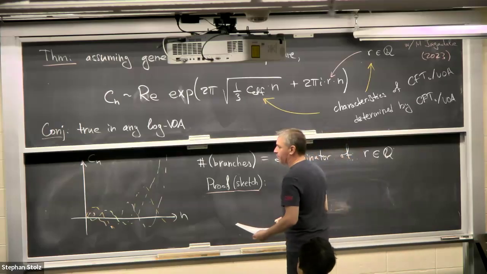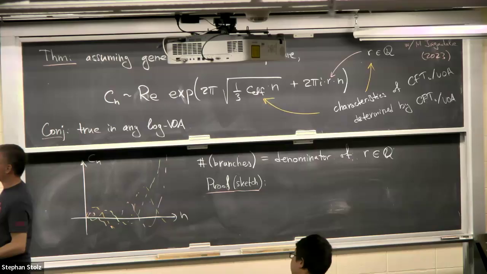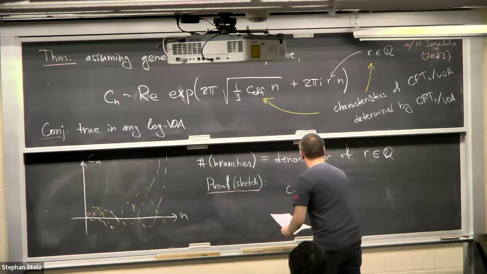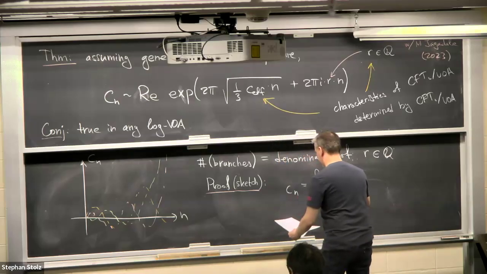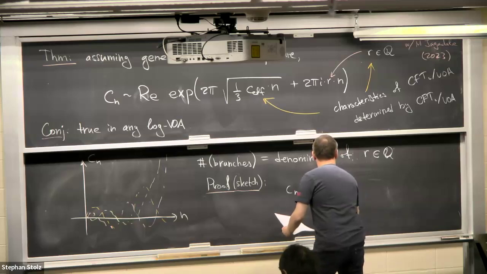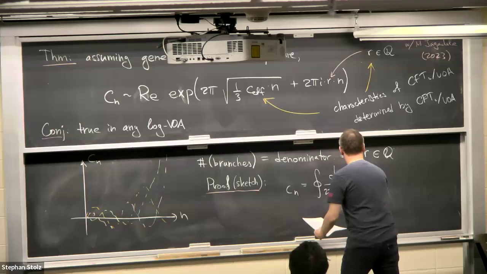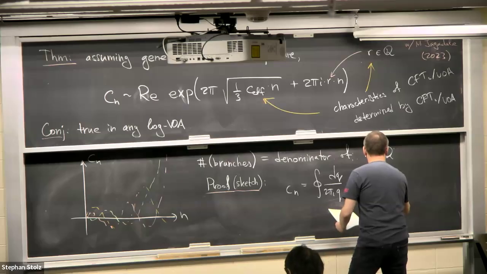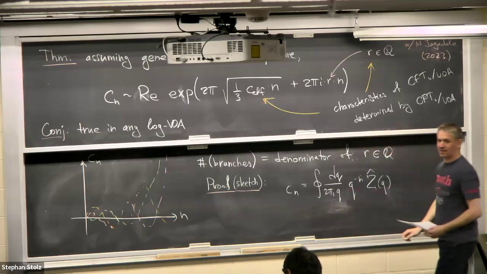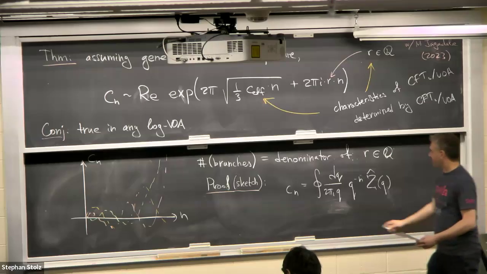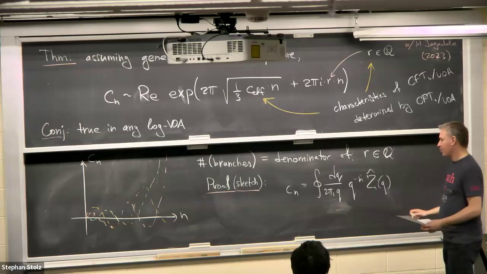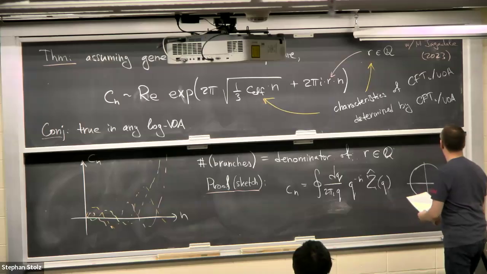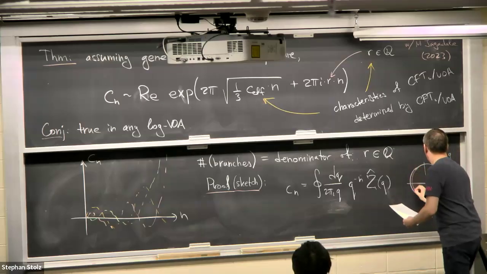If you want to extract the behavior of the coefficients C_n, one of the things we can do is to write C_n as the integral of dq over 2 pi i q, times q to the minus n, times whatever function we have, for example this Z hat of q. That's an obvious starting point. Then the question is, what do we want to do with this contour? We want to push the contour in the same q plane that I keep redrawing close to the boundary of the unit disk.